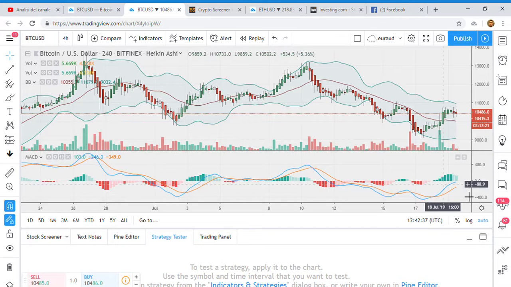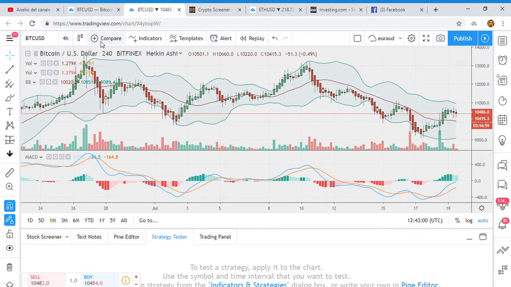However, the MACD is still below the zero line. Until we see the two moving averages moving above the zero line, like in this scenario or in this one, which is much more interesting, we should consider this just a small and simple retracement.